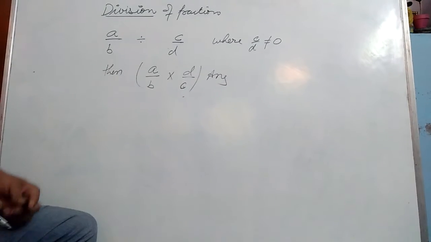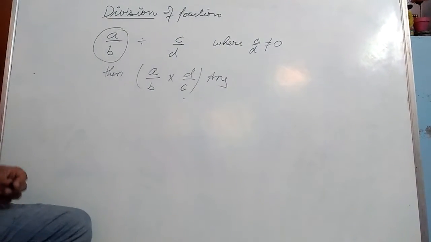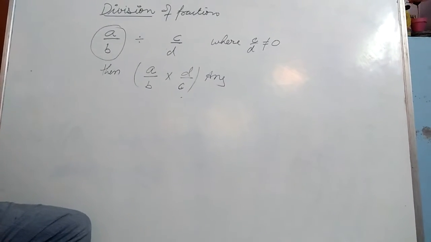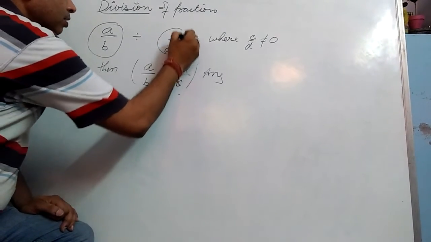So it means your dividend, this is your dividend a upon b, is multiplied by the reciprocal of the divisor.